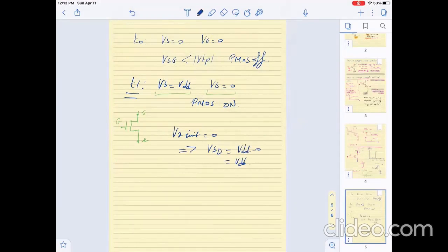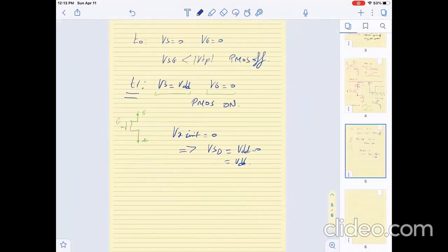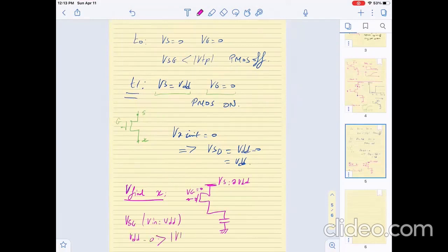Now what would be the final state for this transistor? The final value for this capacitor, V final X, let us see. The PMOS with a step function at the source will have Vs at VDD and Vg at 0, and it's trying to pull up this node. So Vsg, when Vn equals VDD, will always be VDD minus 0, which is greater than VTP.